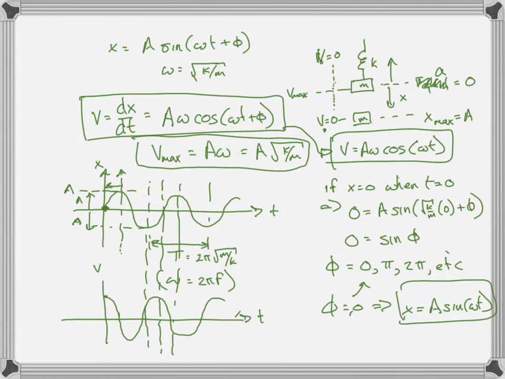Let's go ahead and take a second derivative and write down the acceleration. Acceleration is dv dt, which is a omega squared sine omega t plus phi in general. I know for this specific one, phi was 0. And there's a minus sign that comes out.